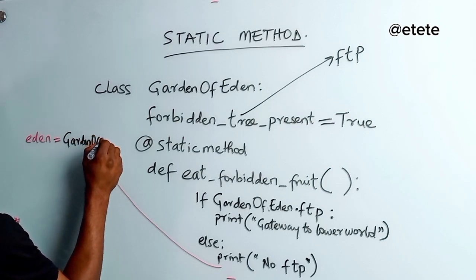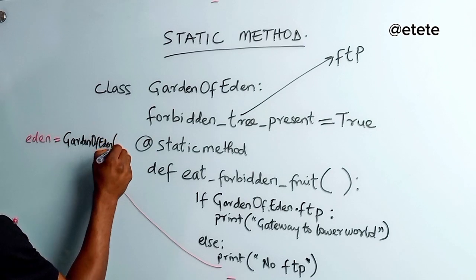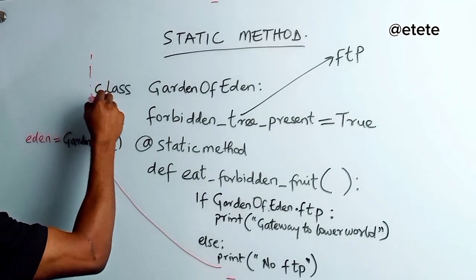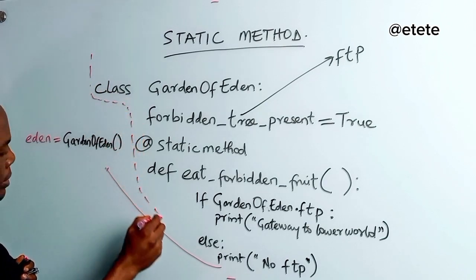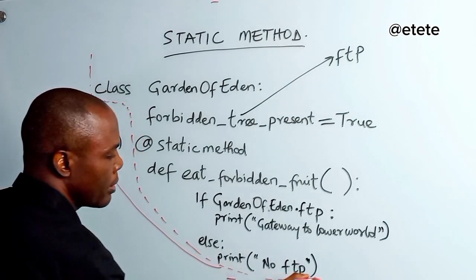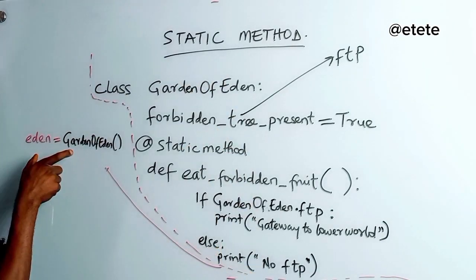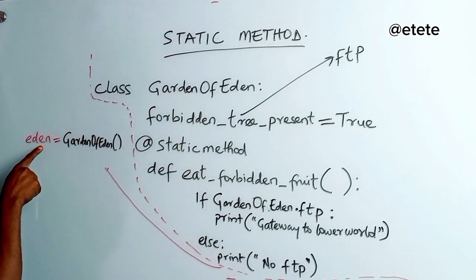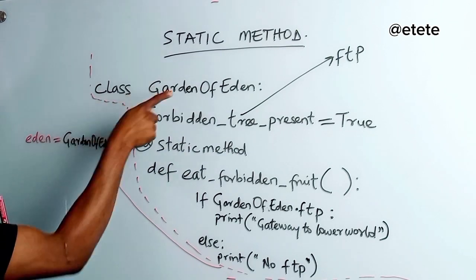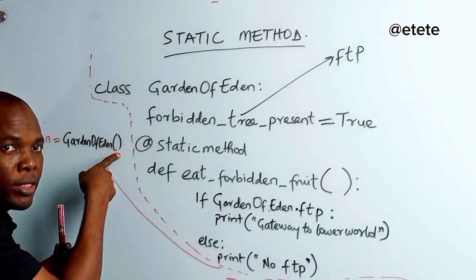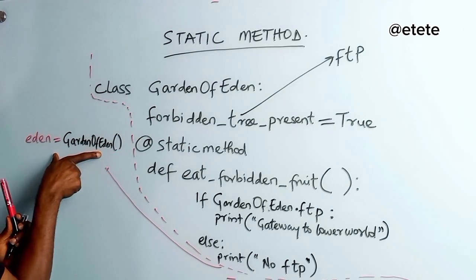Now, this is my class. So I am instantiating the class. So Eden, this is the object for the class. Then I'm calling the class, and there is no parameter supplied to it, right? So I have instantiated the class.